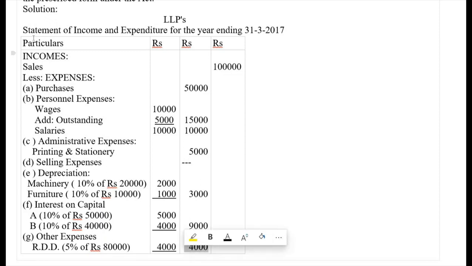Now let's underline here. So we should take the total of this. The sum of this is 50,000 plus 15,000 plus 10,000 plus 5,000 plus 3,000 plus 9,000 plus 4,000. That comes to 65, 75, 80, 83, it is 96,000.